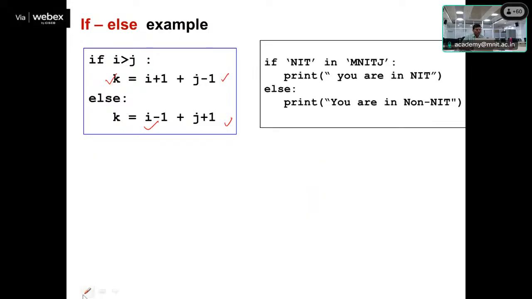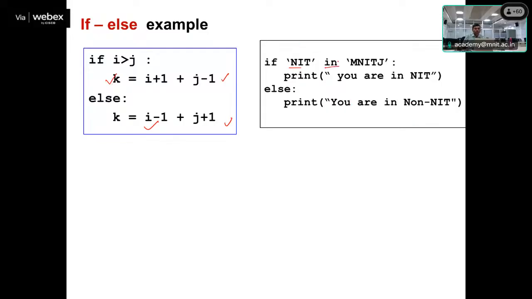Or you can check in another way. If nit in mnitj, okay, we have the membership operator, remember. So if nit in mnitj, then we can print that you are in NIT, otherwise you are not in NIT.